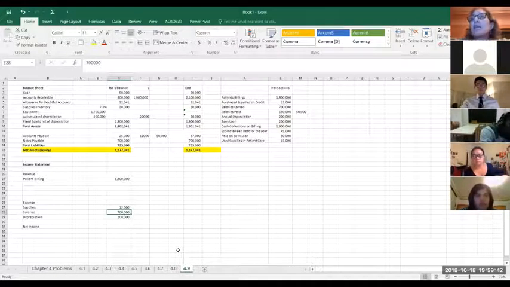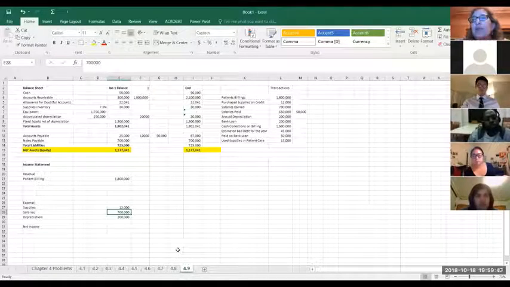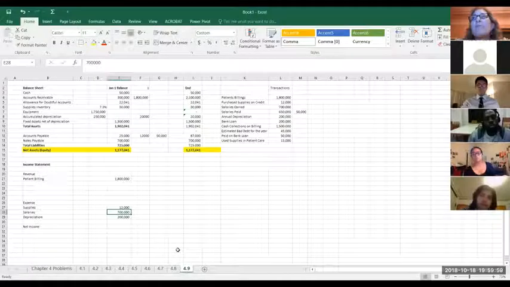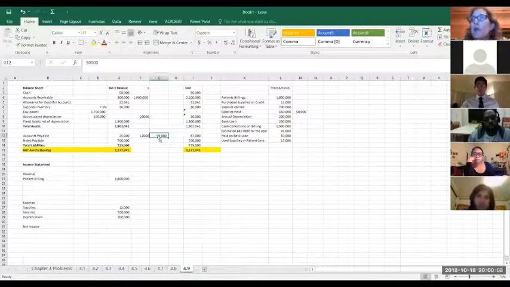So that means that the employee earned the pay. So we recorded on our income statement as actual salaries. We just didn't pay them yet. We didn't write them a check. We owe them that money. So we still have to record it on our balance sheet as a payable because we owe them.